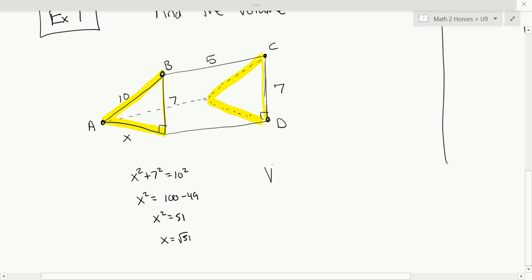because our volume is the area of the base, so the area of the triangle, which is 1/2 base times height. So we got another base, right? So root 51. What's the height of my triangle? If the base is root 51, 7. Okay, so careful here. So all this right here is for the base of the prism.